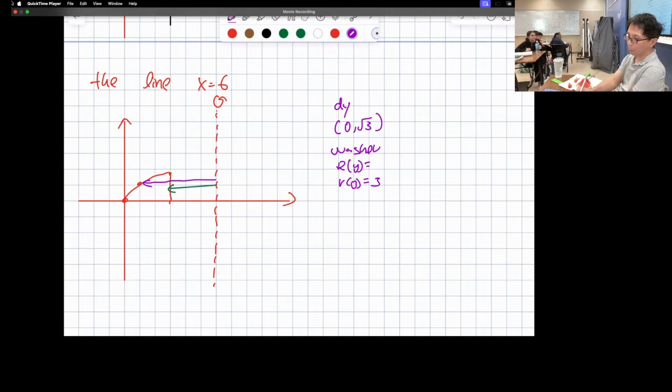Okay, so what we're interested in is the purple line, right? The purple line is constantly changing. It could be a little bit longer here, but it's still based on a function. So we can take this from here to here, which is 6 units, but take away the function.